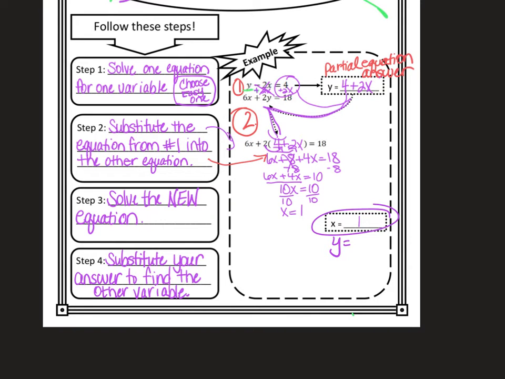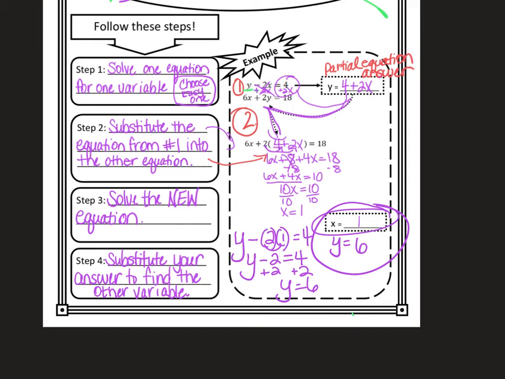I'm just going to start with the first one, which is y minus 2 times 1, because that's the value of x, equals 4. Y minus 2 times 1 is 2, equals 4. Inverse operation, I'm going to add 2 to both sides, and this tells me y equals 6. Okay, so x and y, and you can write your answer like this: 1 and 6. I'll accept either way, one of these two ways.